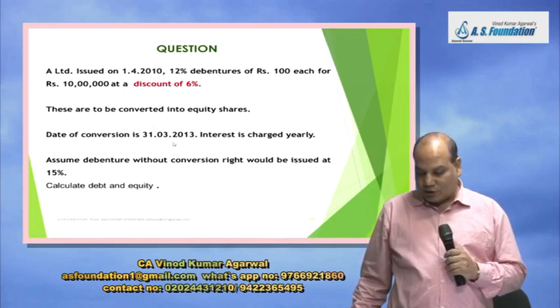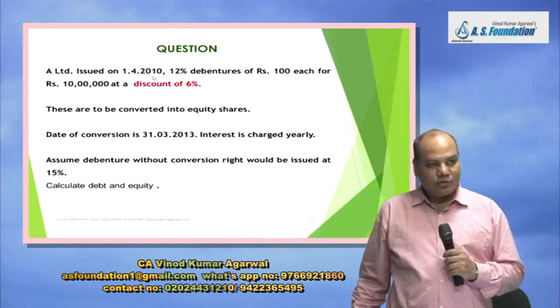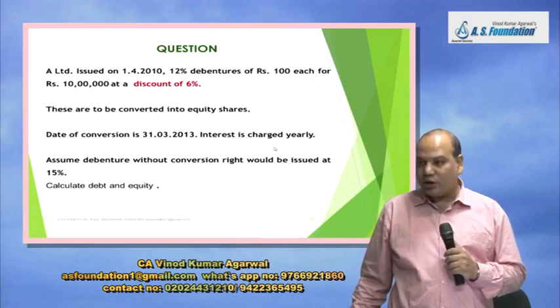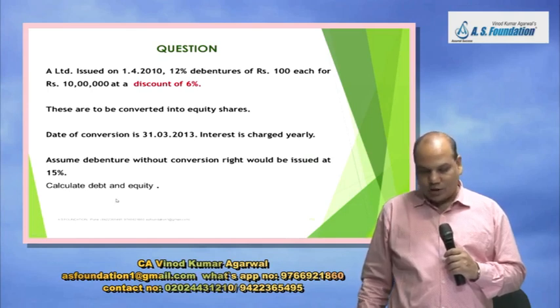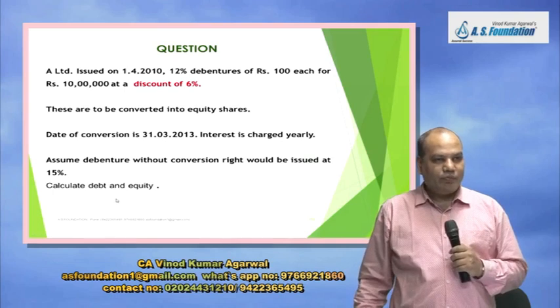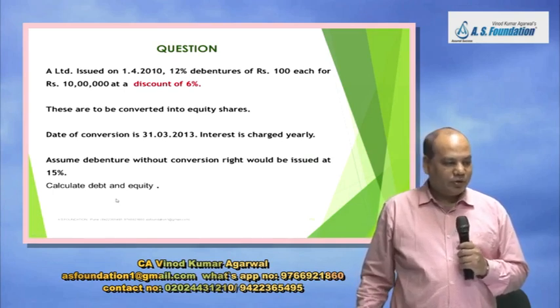Date of conversion is 31st March 13. So calculate the number of years. 3 years: 10 to 11, 11 to 12, 12 to 13. Interest is charged on a yearly basis. Assume debenture without conversion rate is 15%. Compute debt and equity. Oh, this is very easy. This is like a practice only.